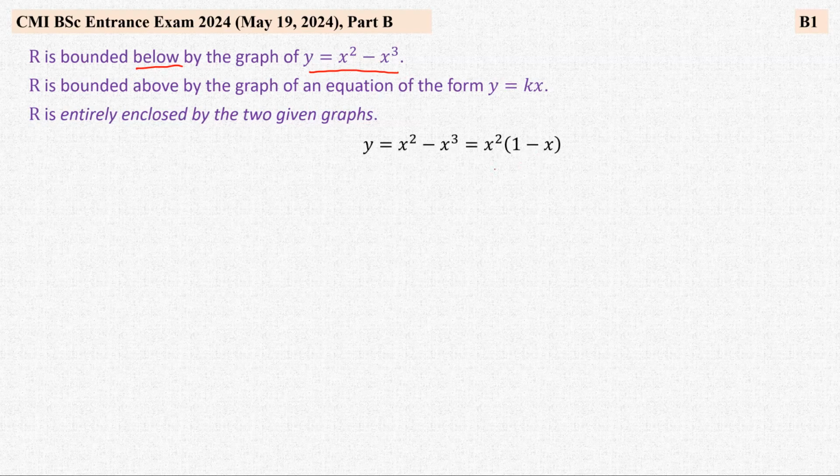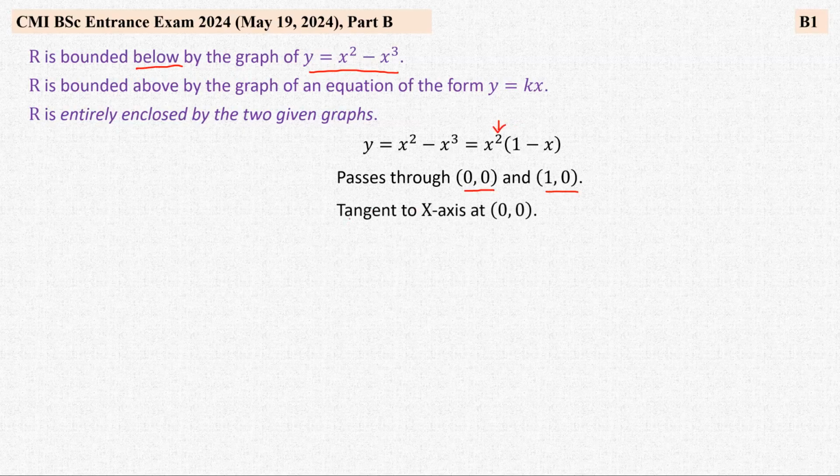Alright, first the lower boundary, the graph of y equals x squared minus x cubed. You can write the equation as x squared times 1 minus x. So the graph passes through points 0, 0 and 1, 0, and because x is squared, the graph is tangent to the x-axis at 0, 0. That is, at x equals 0, the graph touches the x-axis but does not intersect.